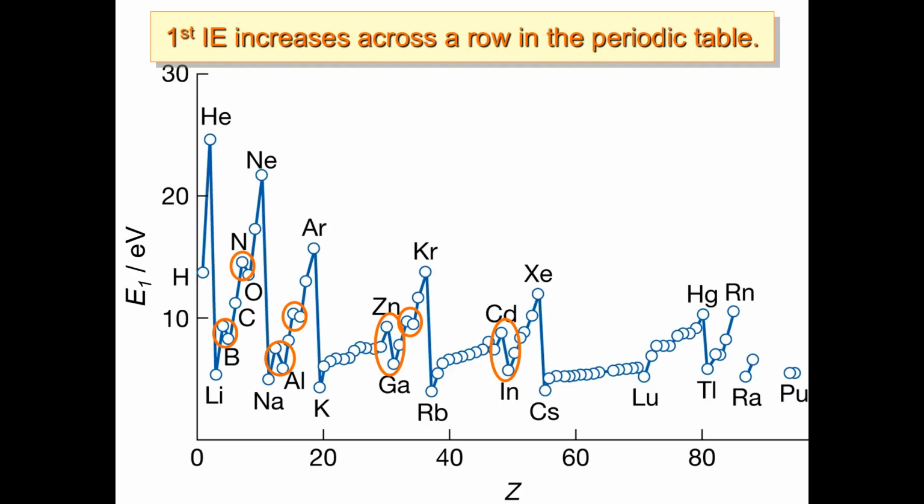Okay. What about this one? The first ionization energy increases across a row in the periodic table. We saw this as well. So let's look at the lithium cation and lithium neutral.